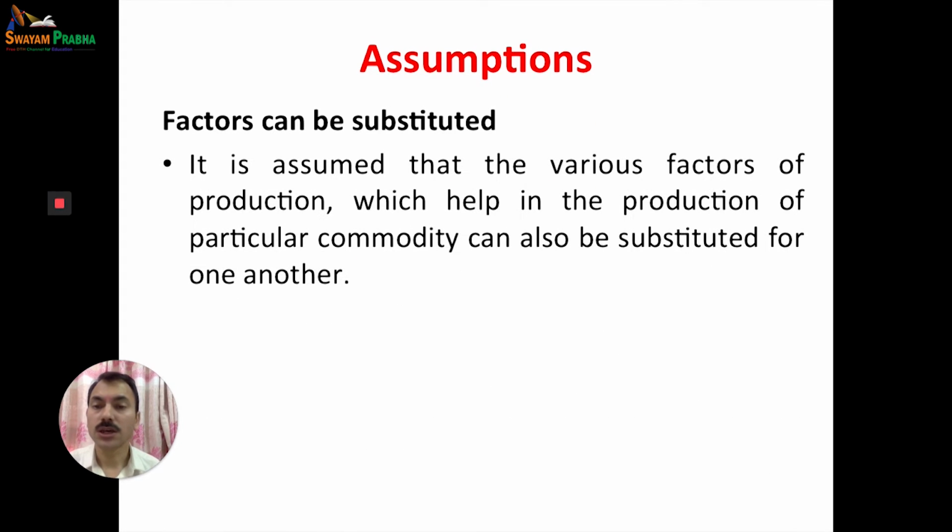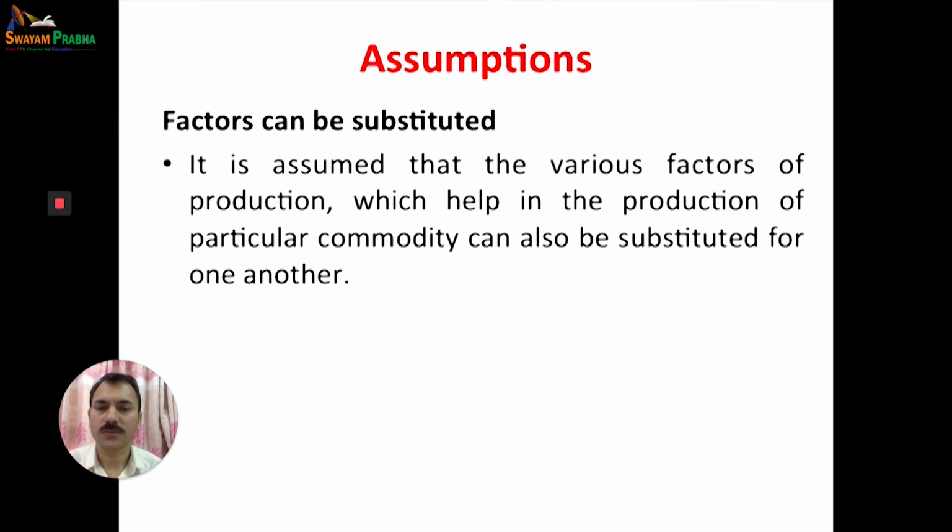Third assumption, factors can be substituted. This theory is based on the assumption that the various factors of production which help in production of a particular commodity can be substituted for one another. You can easily substitute one factor with another.